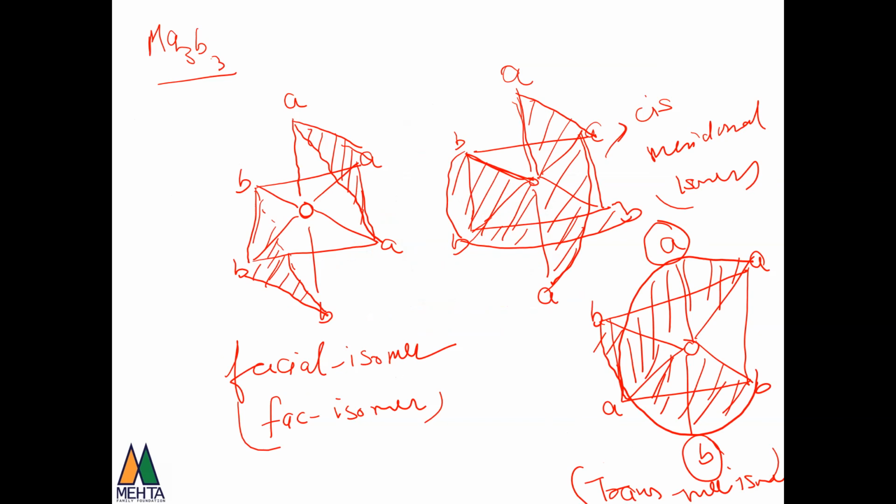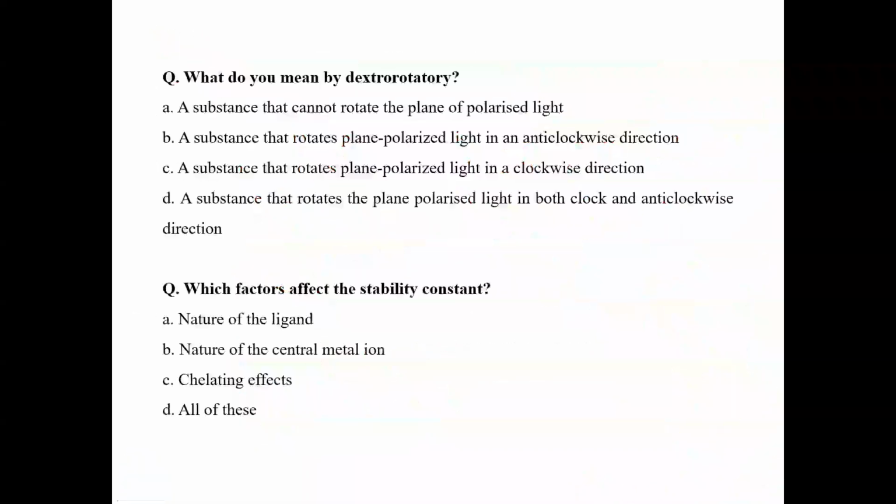So the next question is also related to this polarimeter. You have to identify what do you mean by dextrorotatory. You have already read these terms, dextrorotatory and levorotatory. You have to identify, and these are the factors which affect the stability constant. You have to choose.